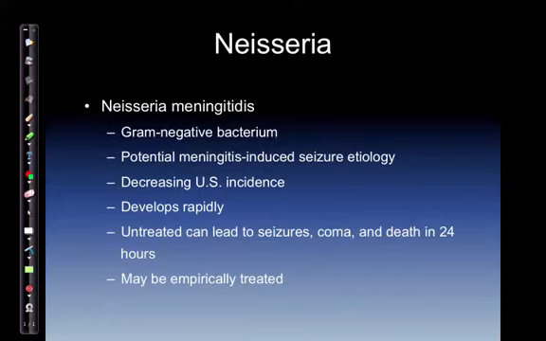We do have a decreased U.S. incidence of this. However, the bacteria and the effects develop rapidly. Untreated may lead to seizures, coma, and death within 24 hours. Most of the time, the doctors treat it empirically, which means they start the treatment prior to diagnosis, just off of signs and symptoms.